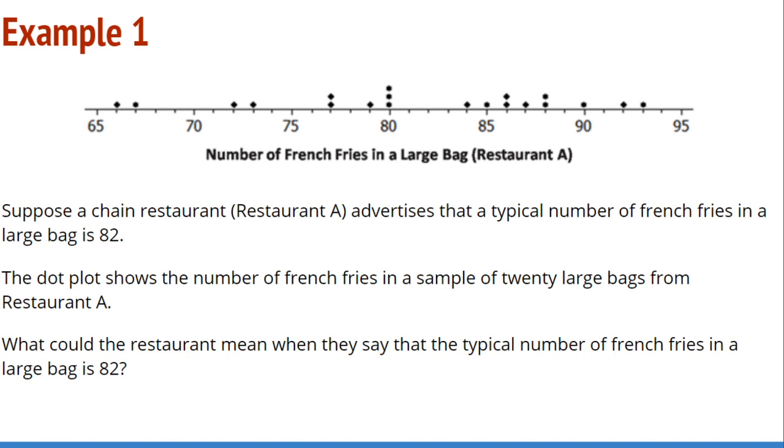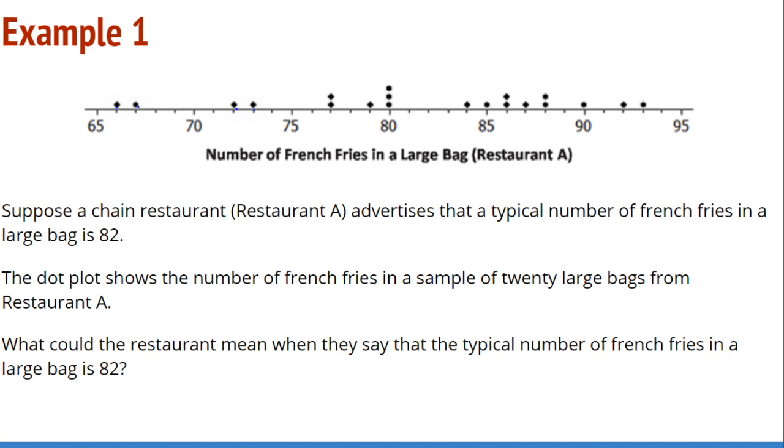This dot plot shows the number of French fries in a sample of 20 large bags from restaurant A. So they took 20 bags from this restaurant, they counted how many French fries there were in each bag, and they put this on the dot plot. So it looks like we've got one bag with 66, and one with 67, and one with 72, and one with 73. So this is our 20 bags from restaurant A.